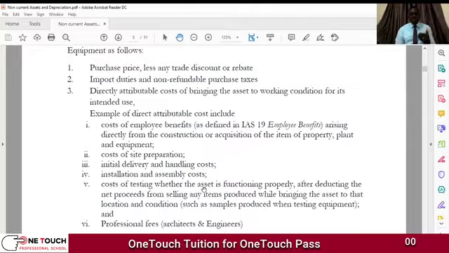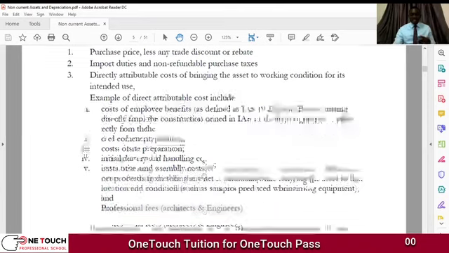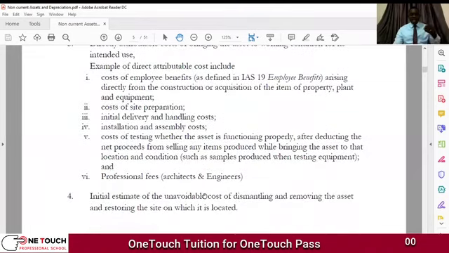Okay, so that cost should be included in the cost of the asset. Then we talk about professional fees, for example, architects and engineers. So if the plant needs to be installed by some form of engineers, good, we need to include that cost as well.